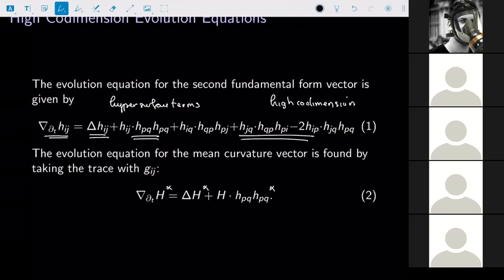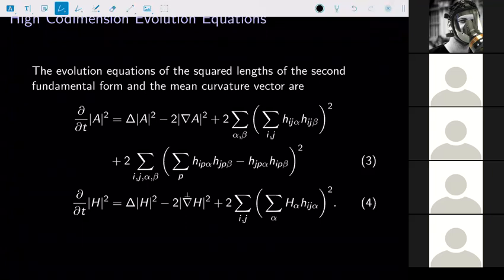And you can see that if you want to show, for example, that positive mean curvature is preserved, then what you would require is that the alpha here falls on the mean curvature term. But the index alpha does not fall on the mean curvature term. It actually falls on the second fundamental form term. So from an analytic point of view, you can't ask for a condition like positive mean curvature. Therefore, it doesn't make any sense to ask for a condition like convexity in this case either. Okay.